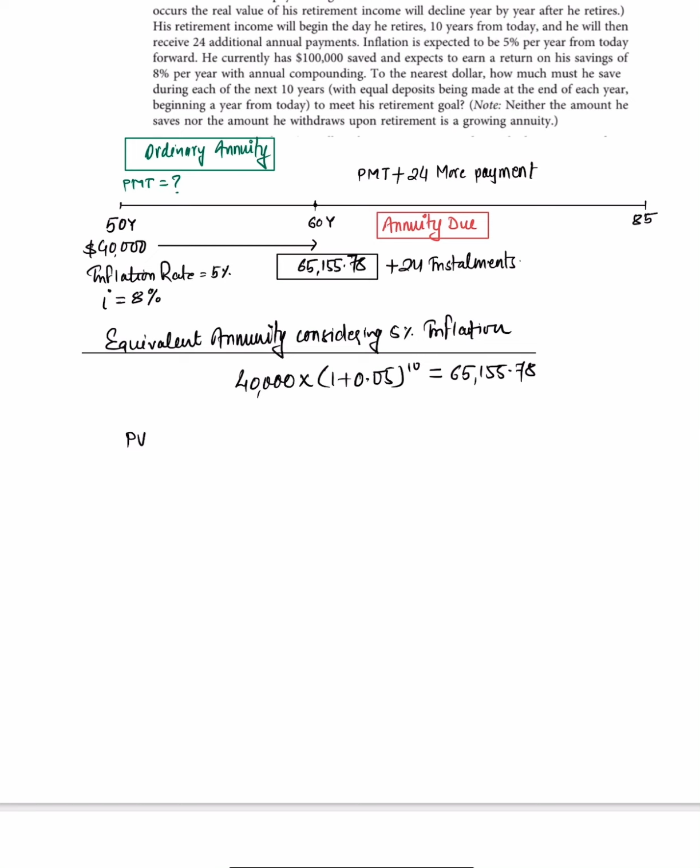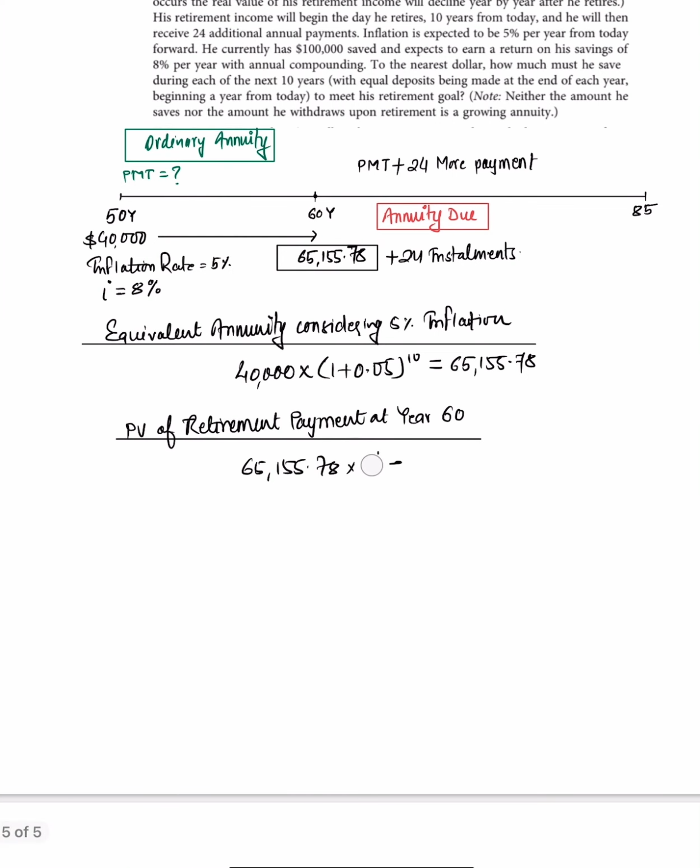So the present value of the retirement payment at year 60, right? You're trying to find the cumulative amount of those installments at the end of the 60th year. That you can find as 65,155.78 times the present value annuity factor: 1 divided by 0.08 times 1 minus 1 divided by 1.08 to the power 25, where the interest rate is 8% as given.